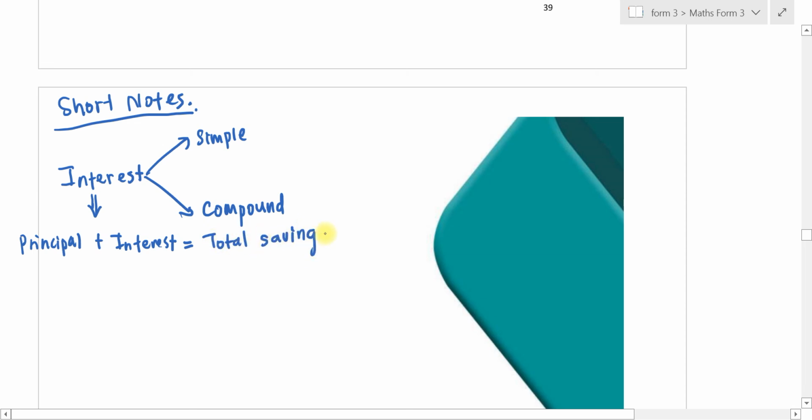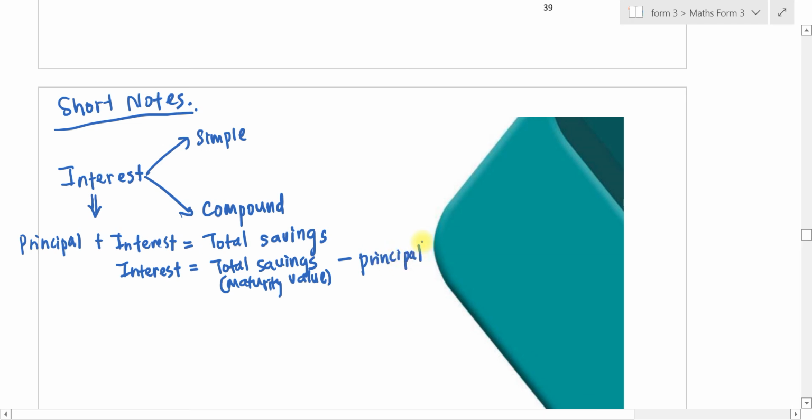Basically this is the formula. So if they ask for interest only, you just modify the formula. Total savings, sometimes we call it matured value, or maturity value. Total savings minus the principal.